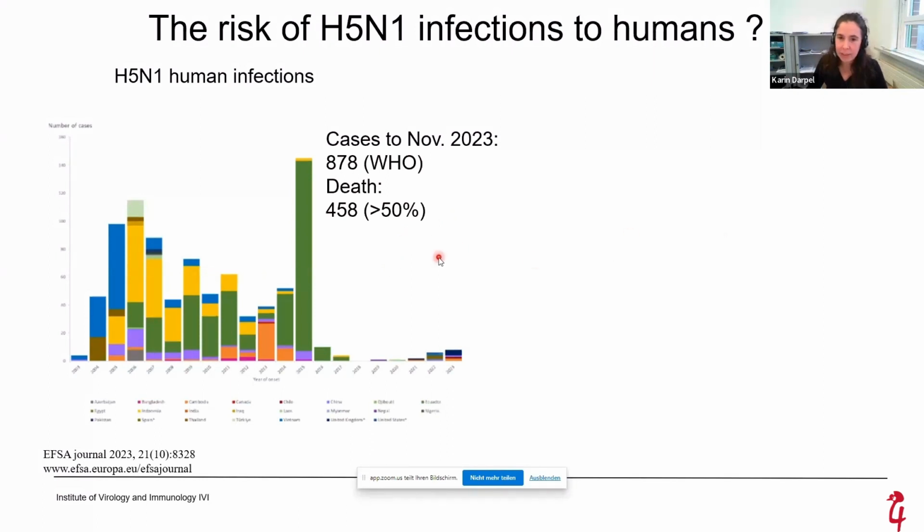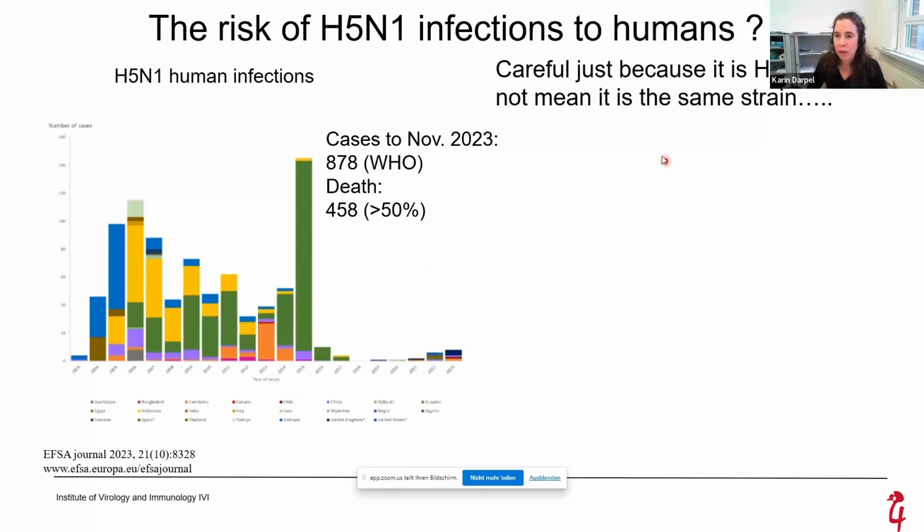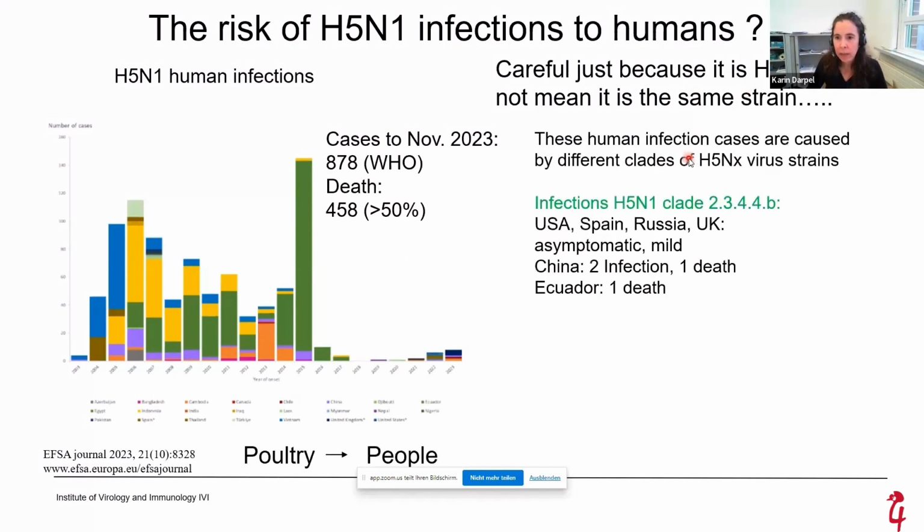But again, this is why we went through all the introduction to avian influenza viruses. It's important to realize that just because it is H5N1 does not mean it is the same strain. The human infections are caused by different clades of H5NX virus, because the different waves, as we've seen, were also caused by different clades.